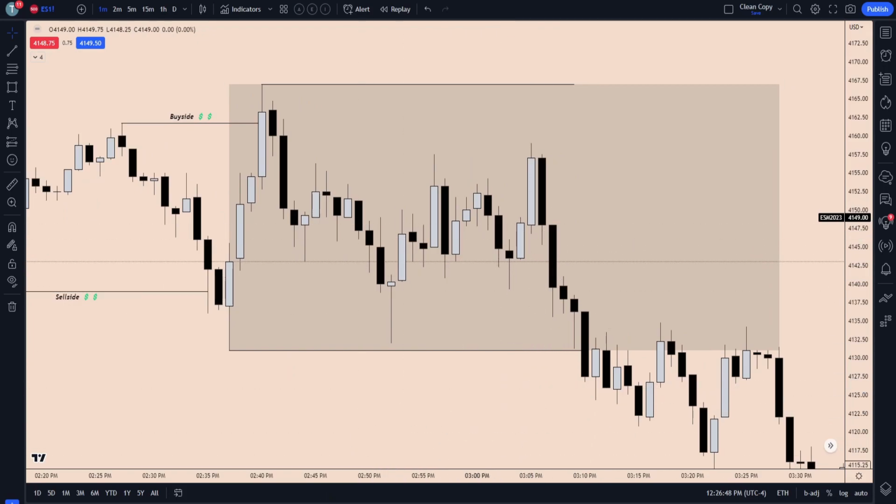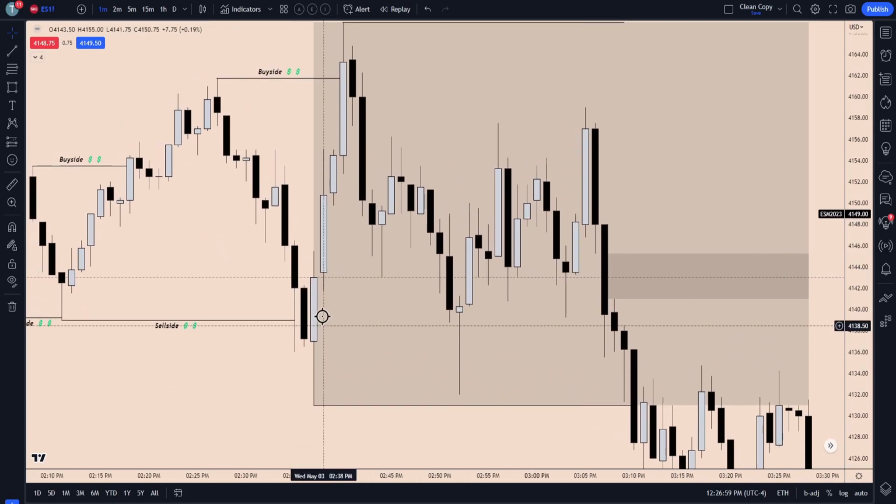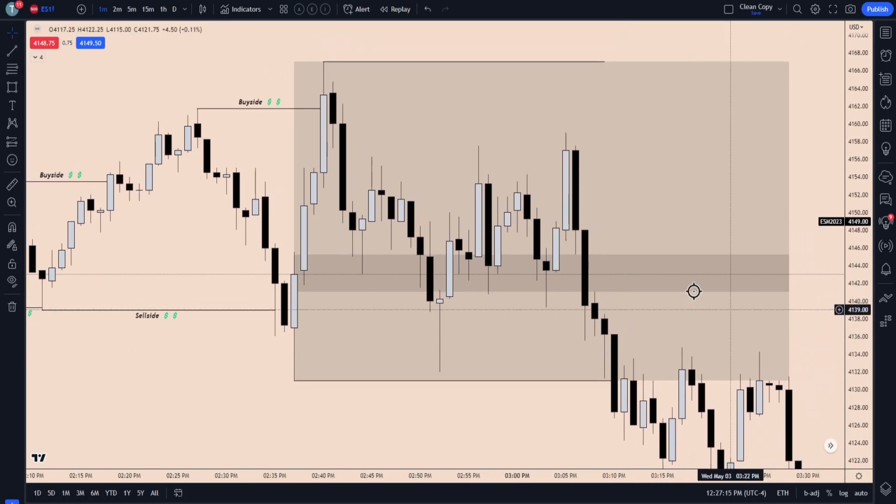Because although there is a fair value gap here, and some may think that price needs to trade back up into that to be delivered efficiently, we understand that price has already gone up, down, up, down, multiple times in this little area here. So price doesn't even need to return to this area to rebalance it because it's already been balanced.